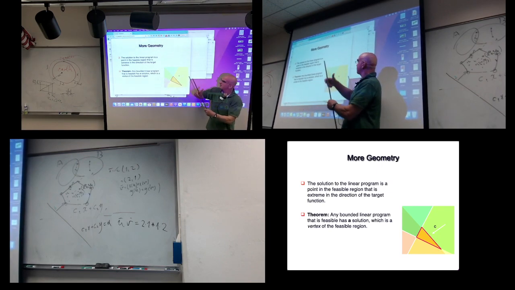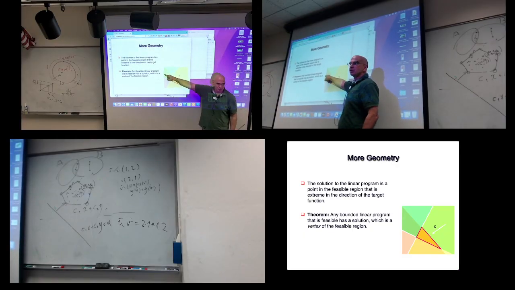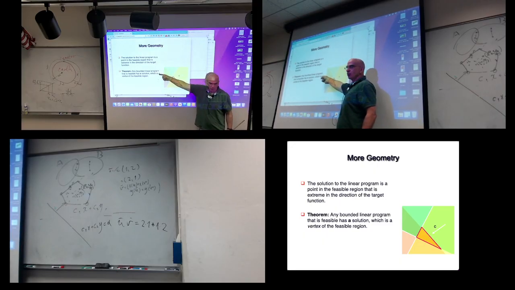I could have presented diet as trying to maximize or minimize your daily expenditure, and then you can go all the way to infinity. But if the solution is not infinity, then any bounded linear programming that has a solution, some don't, but it has a solution, has an optimal point which is also a vertex.